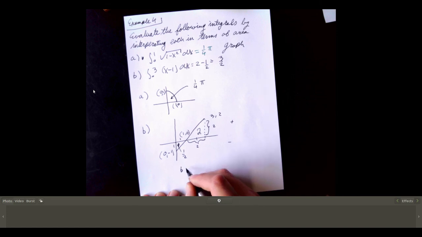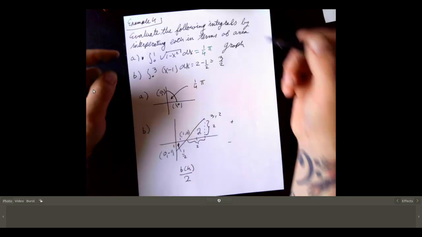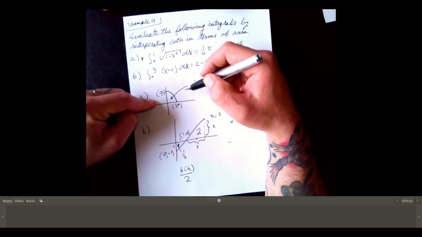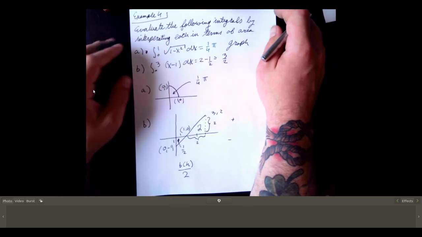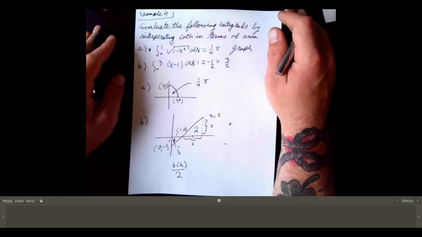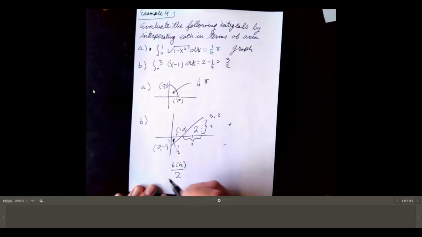Sorry. Base times height, don't forget to divide by 2. So, really, we can interpret these geometrically. Don't get scared by an integral. They all have a geometric interpretation. You can draw a picture of any integral. And then calculating the area, you can always rely on things you know from geometry, since these are geometric problems.